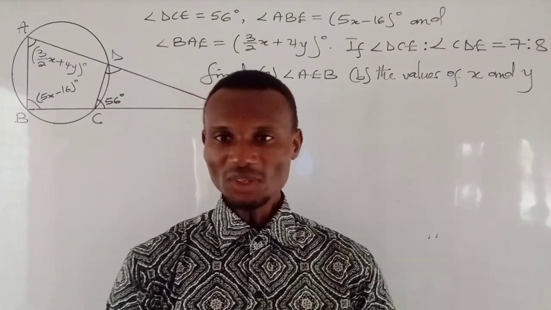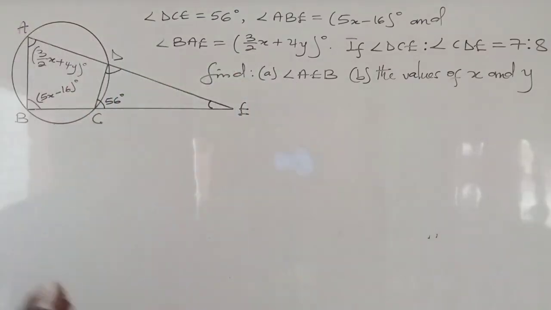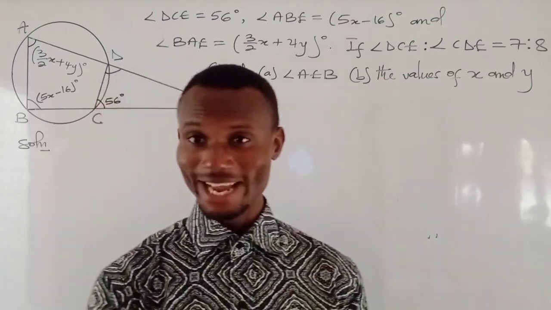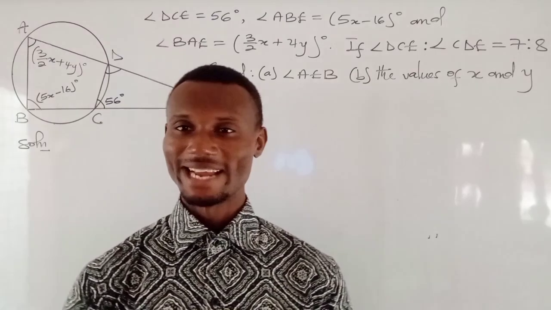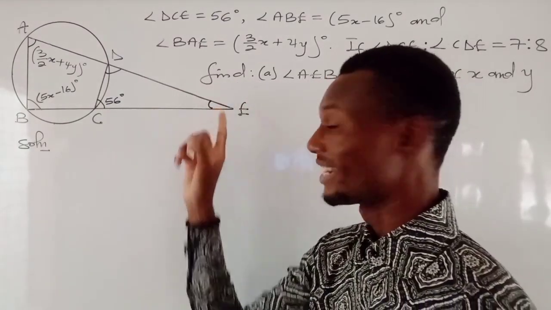Now let's proceed and start our solution. I'm going to write my solution down, and we are going to solve it together. The first part of the question says that we should find angle AEB, and we've already identified angle AEB from the diagram, which is the angle formed here.